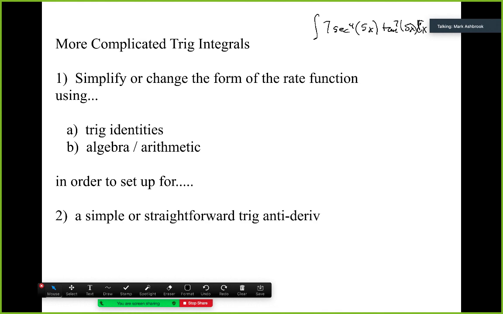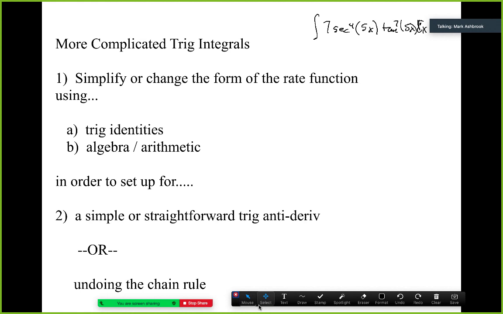Either we're going to get something simple and straightforward, so things will cancel out, and it'll just result in a common trig derivative that we know, something that we can do without a heavy-duty technique. Or we're going to change the form to set up for undoing the chain rule.